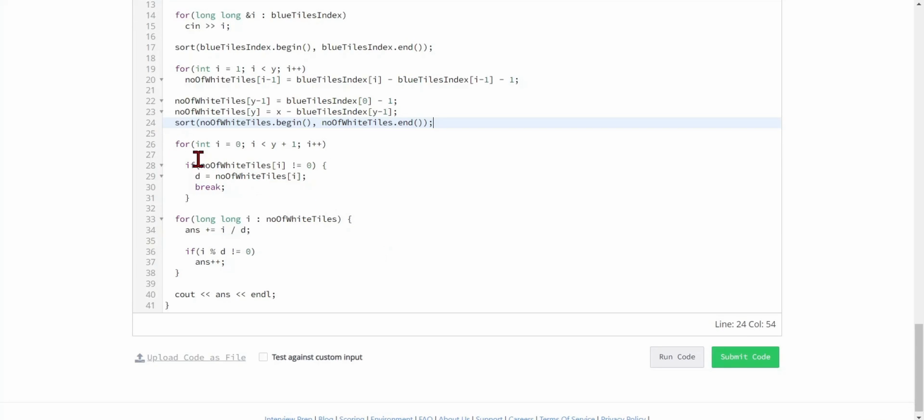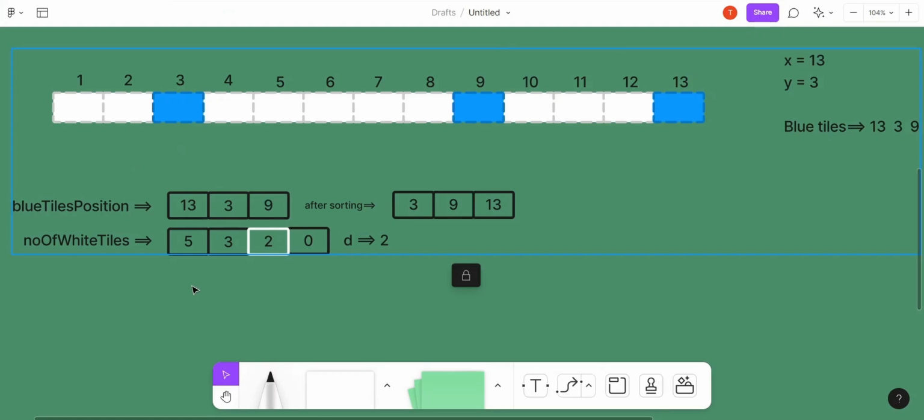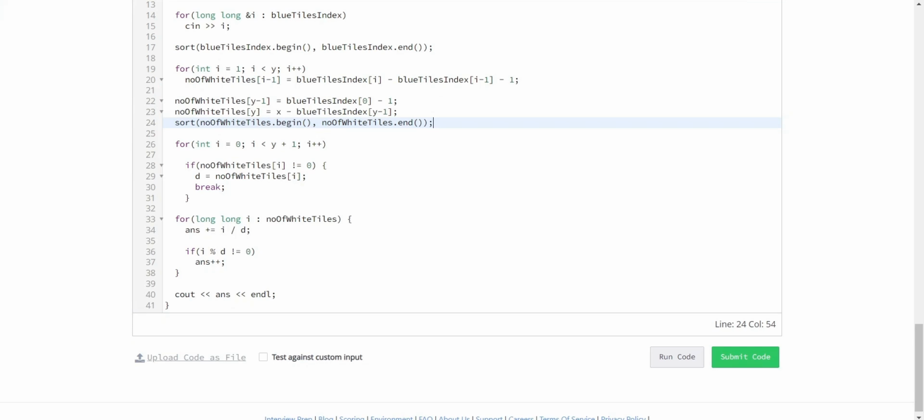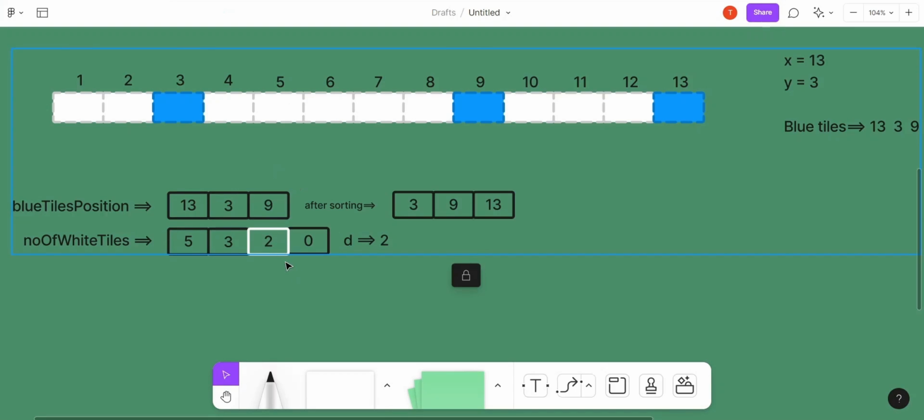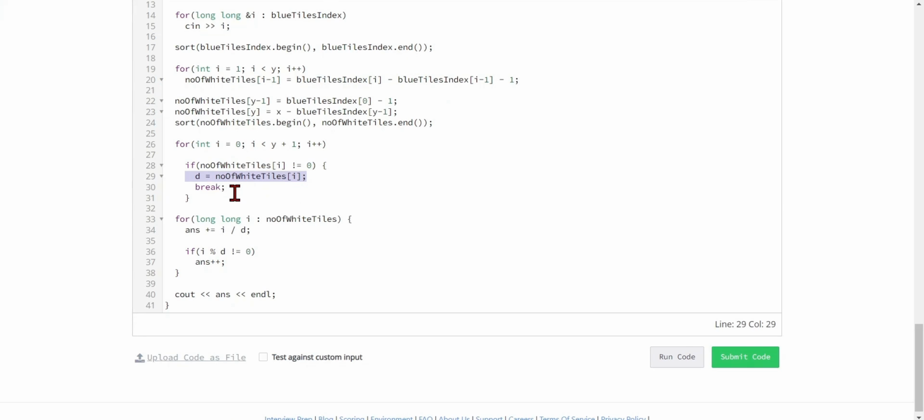We consider the minimum element from the vector, but since it can include a value 0, we iterate in that vector and check if the number of white tiles is not equal to 0, then we declare the first non-zero element as D. In this case we will have 2 as our D, and we break from the loop.